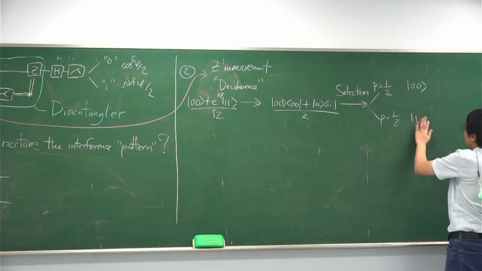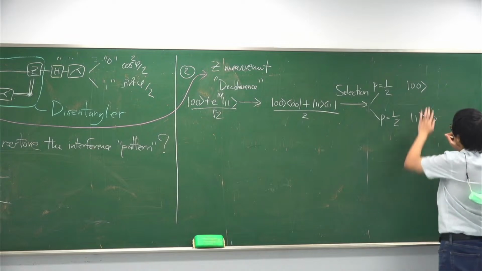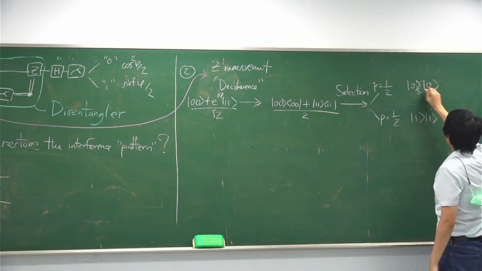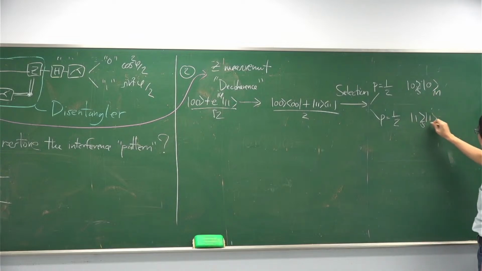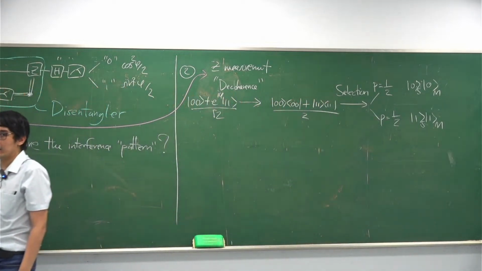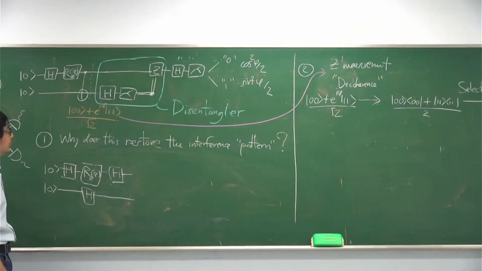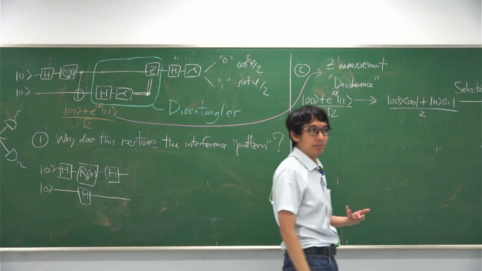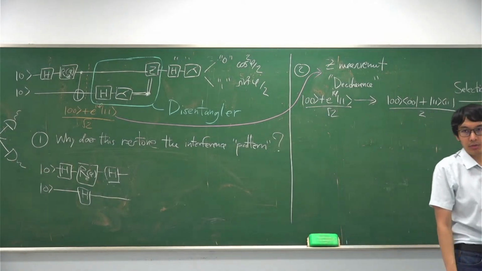In particular, if I think of this as system and meter, which would then go through the Hadamard gate and experience a measurement, you see no interference, no information about the phase phi.